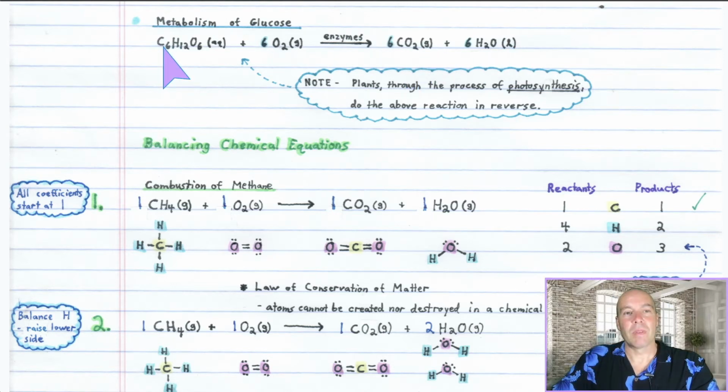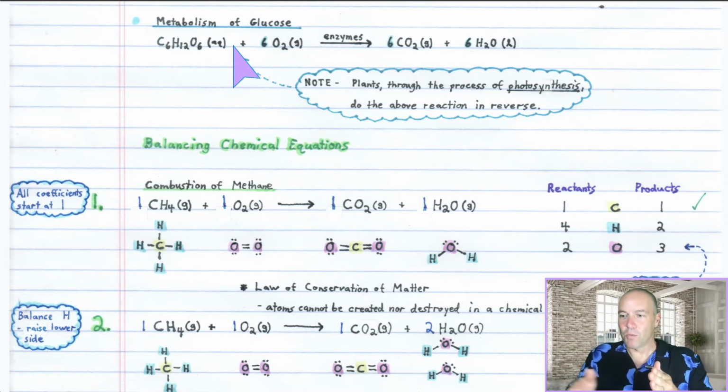So this chemical reaction is pretty complex, and in the body, it occurs in a sequence of steps. So many steps are involved, but at the end of the day, these chemicals, after a series of steps with the help of certain enzyme molecules, react to form carbon dioxide and water.